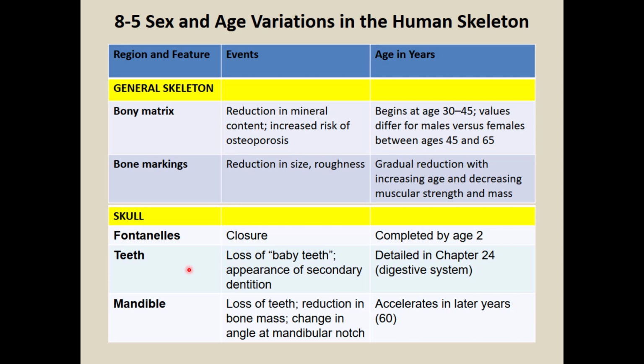And again, these age ranges are not an exact science. It varies from one child to another. The wisdom teeth usually grow later, during puberty. But later on, due to osteoporosis, and also diseases of the gum, the patient may lose their teeth. So by age 60, the teeth start falling.